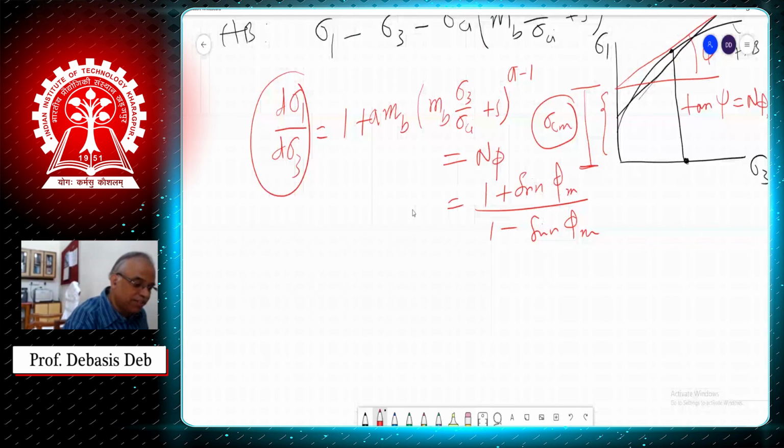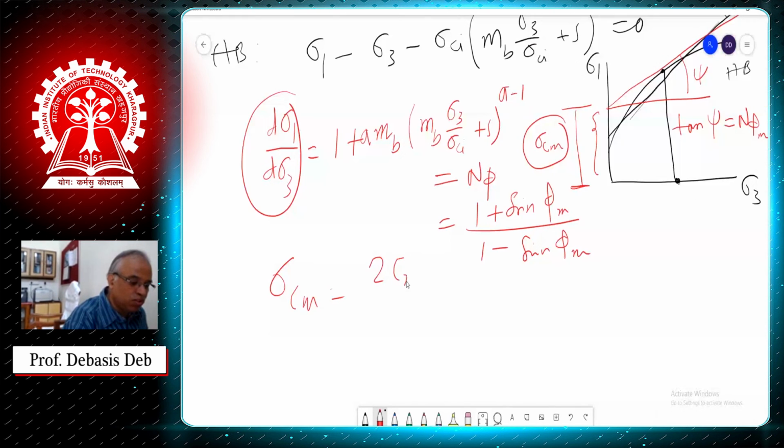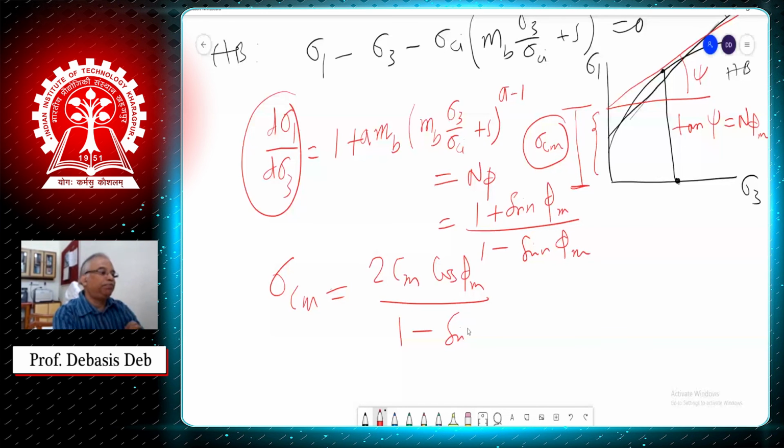Sigma cm is equal to 2 cm cos phi m by 1 minus sin phi m, or you can write 2 cm by square root of N phi m. Okay. So this is already known. So from here you can find out the cm.